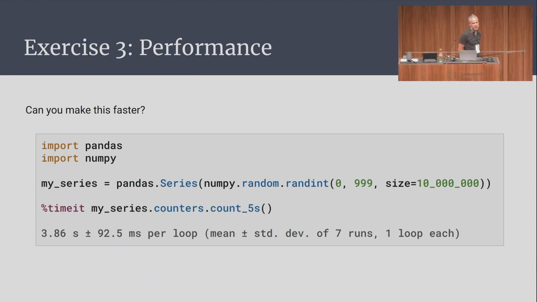Could anyone try any other implementation that is faster or slower? Okay, can someone? Yeah, sorry, there. Just wait for the mic, please. So I've got a slower one, which I didn't really expect, but I guess it's a Python thing.